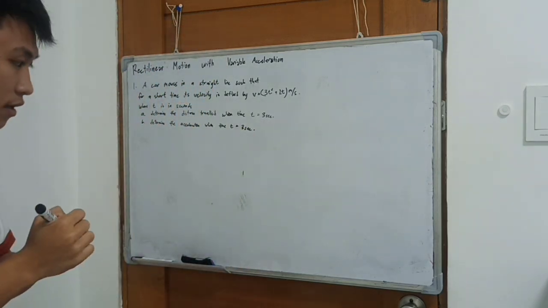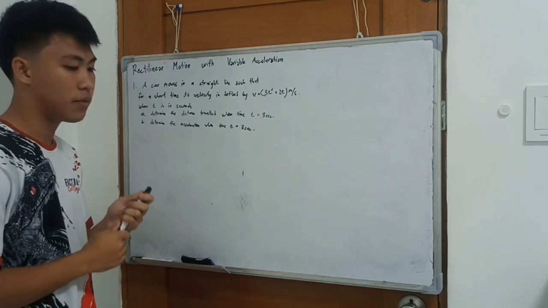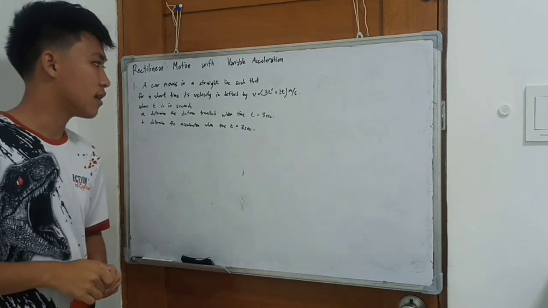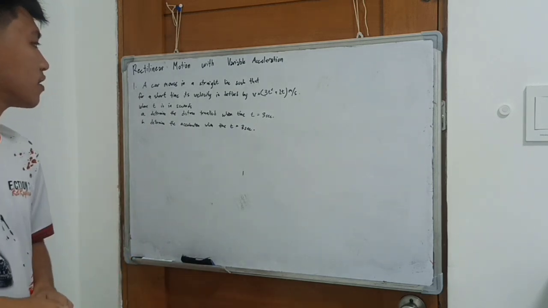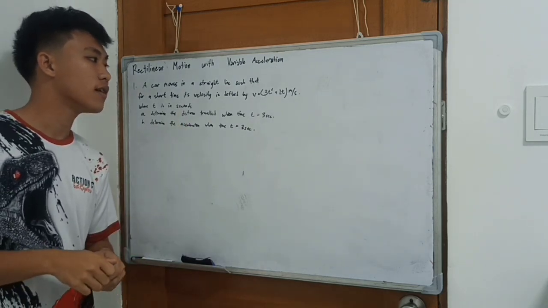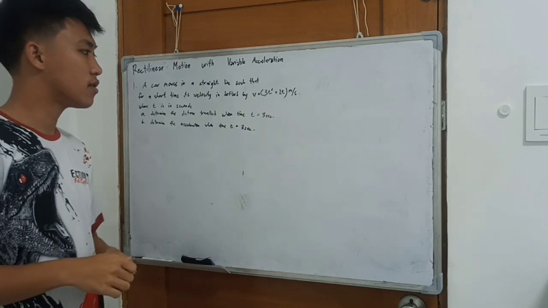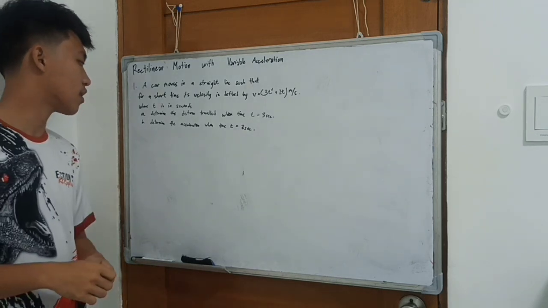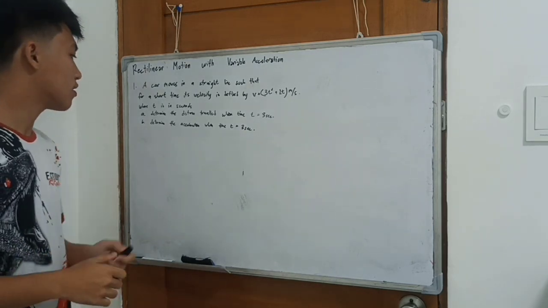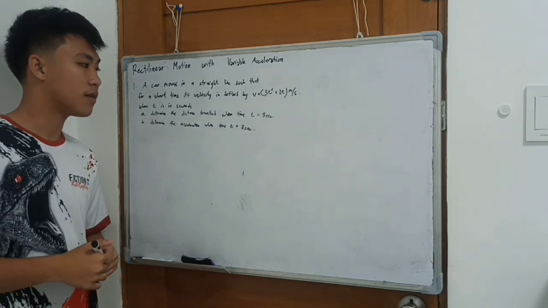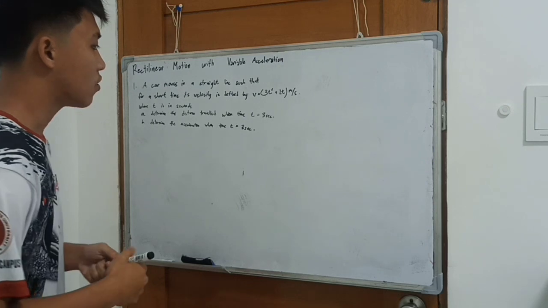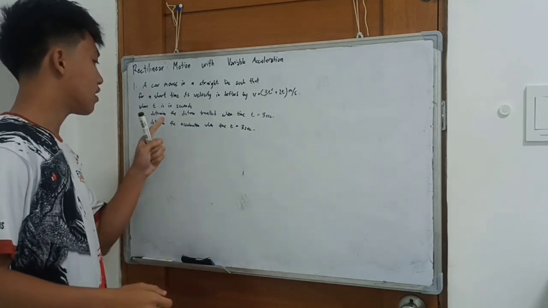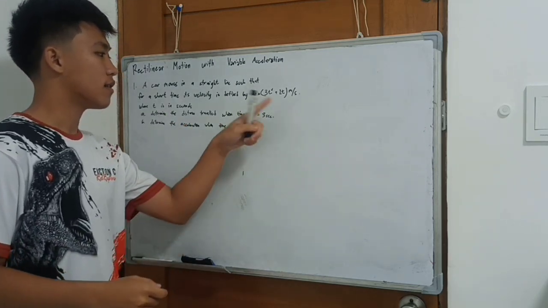So start by reading the problem. A car moves in a straight line such that for a short time its velocity is defined by v equals 3t squared plus 2t meters per second, where t is in seconds. A, determine the distance traveled when time t equals 3 seconds. As I said before, you can get the distance by this equation.